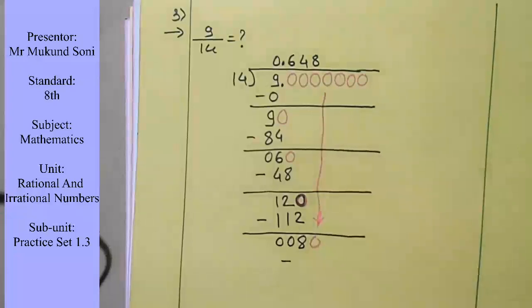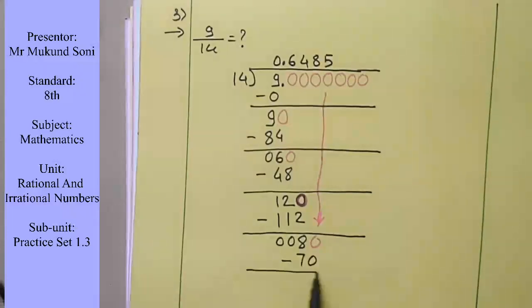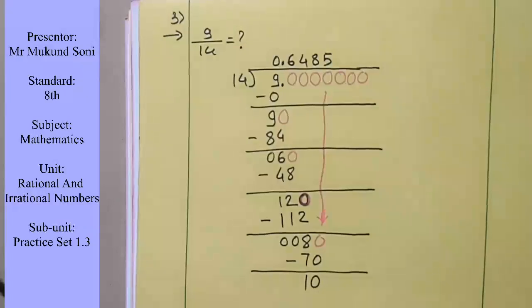Now in the table of 14, less than 80 but close to 80, we know that is 5s, correct? 70. Very good everyone, excellent. Subtraction is 10.